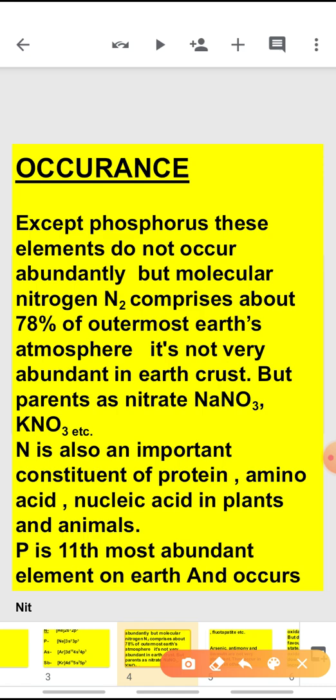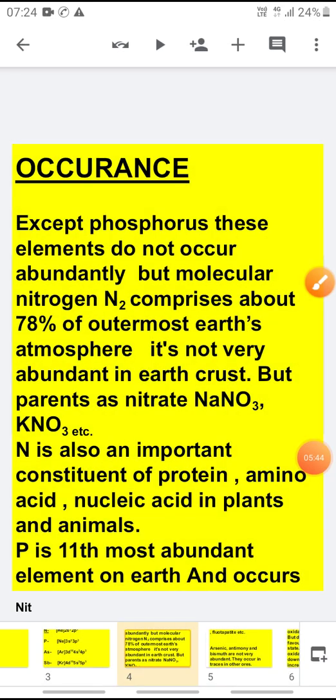Now, nitrogen is an important constituent of proteins, amino acids, nucleic acids, and all these things are present in plants as well as animals.